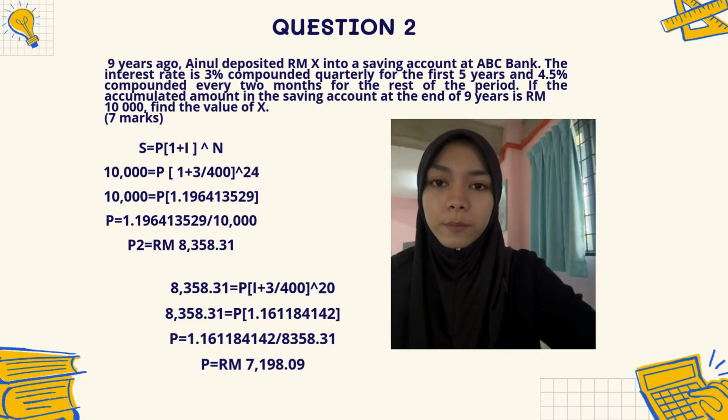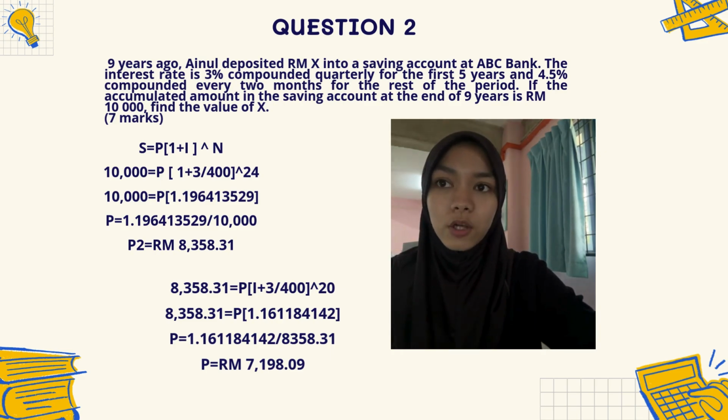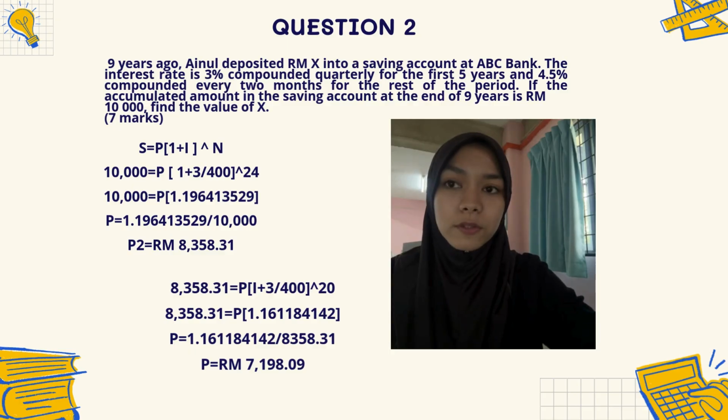Nine years ago, I newly deposited RM X into a savings account at ABC Bank. The interest rate is 3% compounded quarterly for the first 5 years and 4.5% compounded every 2 months for the rest of the period.